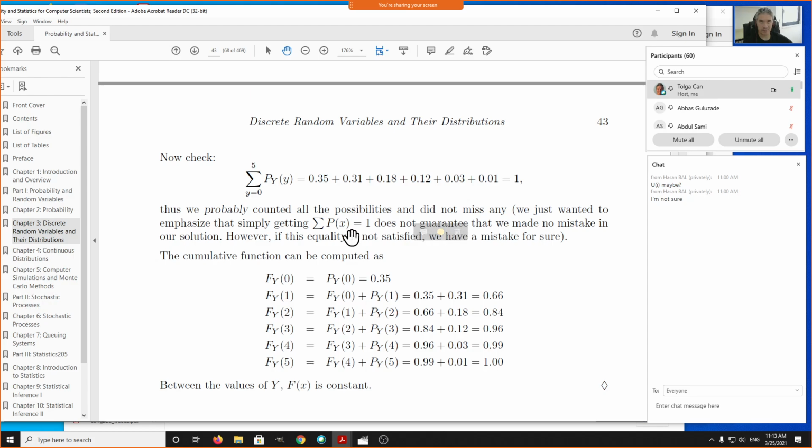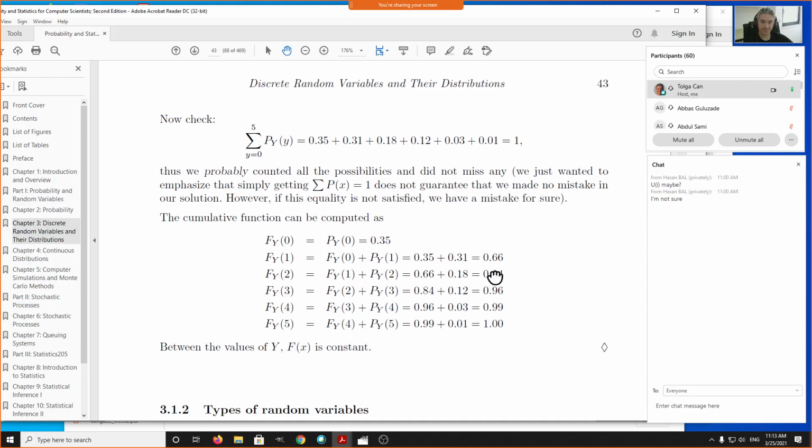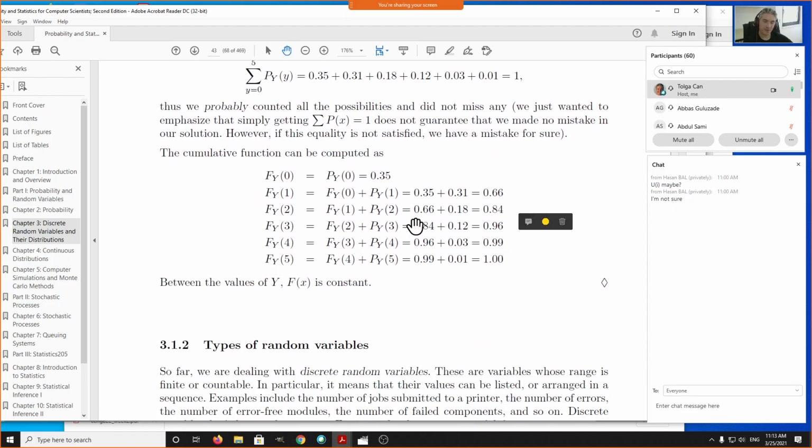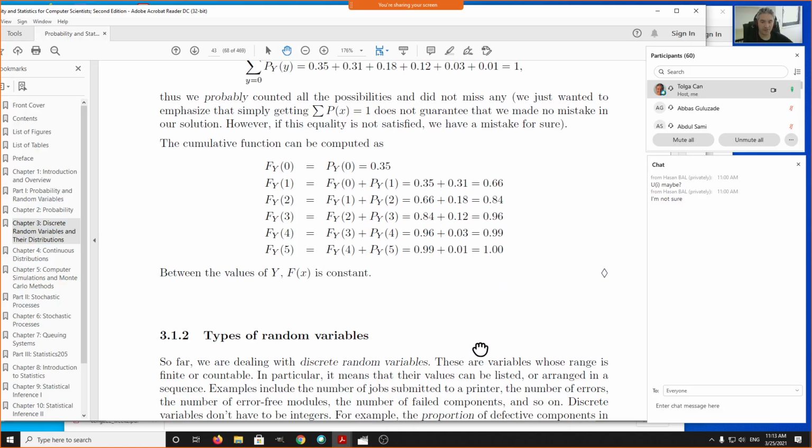It doesn't always mean that we did everything correctly, but if it was something other than 1, we would be sure that we made a mistake. And the cumulative distribution function just adds up these values: 0.35, then we add to that 0.31, we add to that 0.18. As you can see, it's a non-decreasing function.